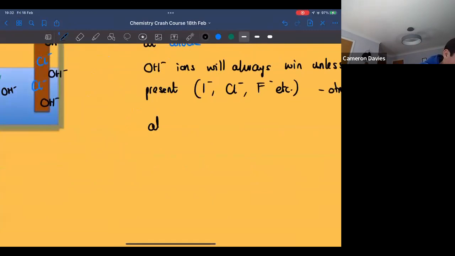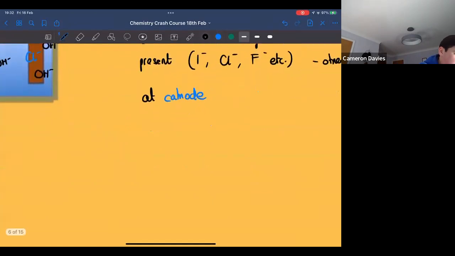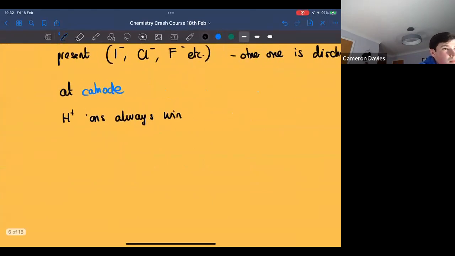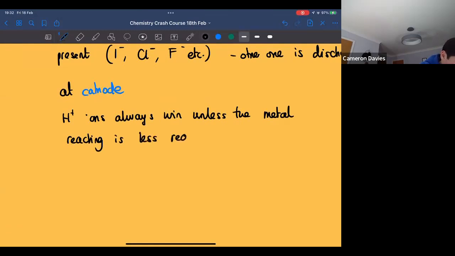So to continue, we've got the cathode as well. At the cathode, what happens is the H plus ions will always win, unless the metal reacting is less reactive than hydrogen.